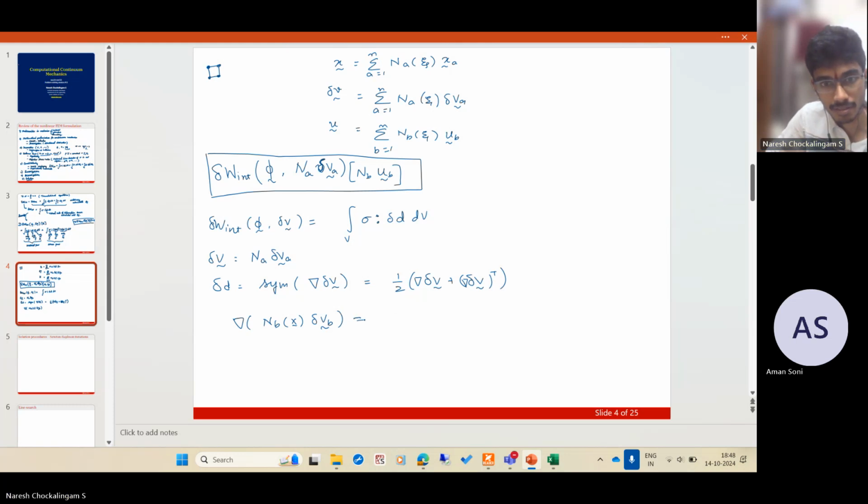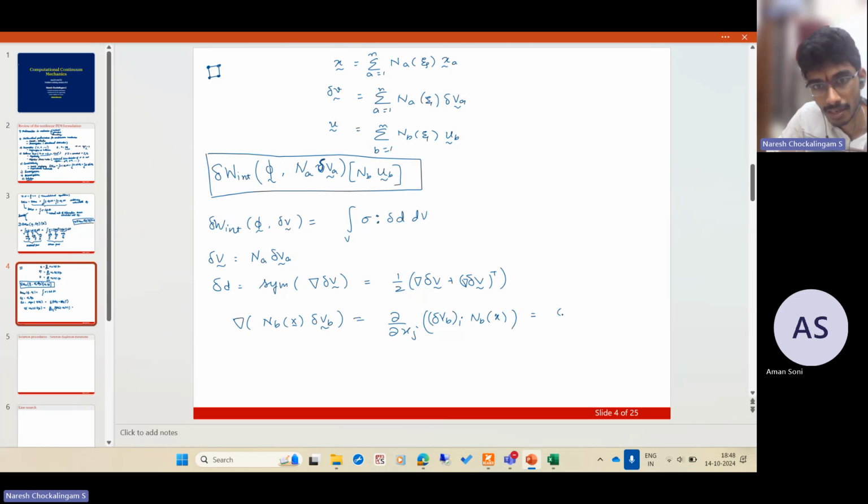So this becomes the partial derivative with respect to xj of del VB ith component times NB. The differentiation applies only onto NB.